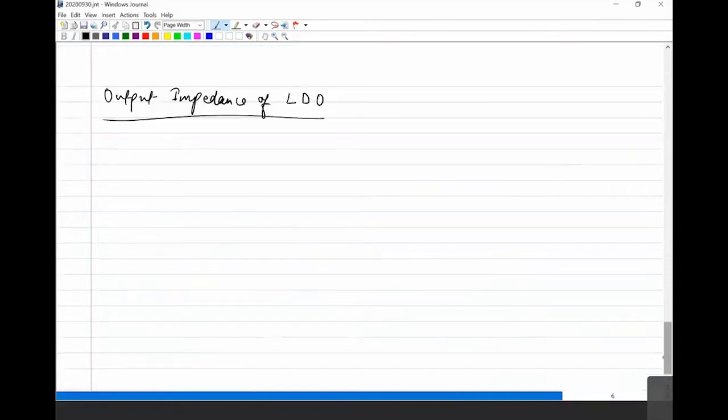Okay, so before we go to the complete derivation of basically LDO, we need to first understand the concept of output impedance in open loop and feedback, and then we'll move there.